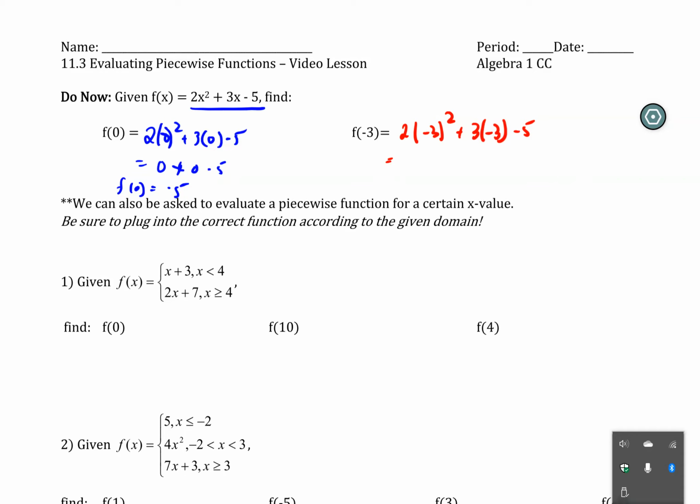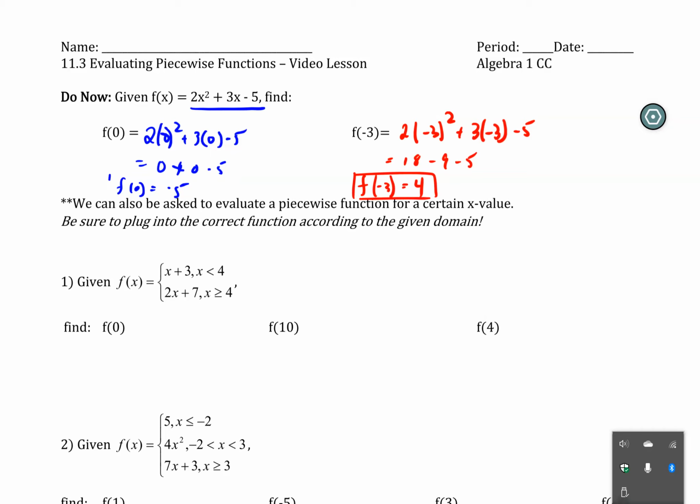So negative 3 squared is 9, times 2 is 18. 3 times negative 3 is minus 9, and minus the 5. So that's 18 minus 14, which gives us, was that 4? So f of negative 3 is 4.